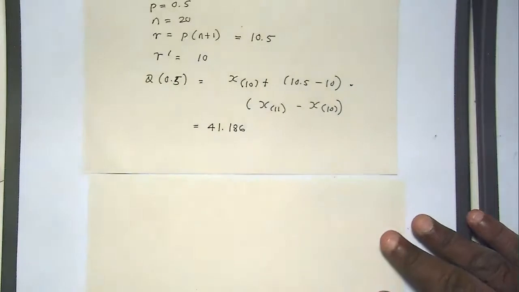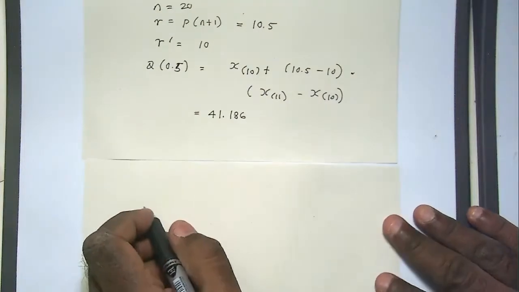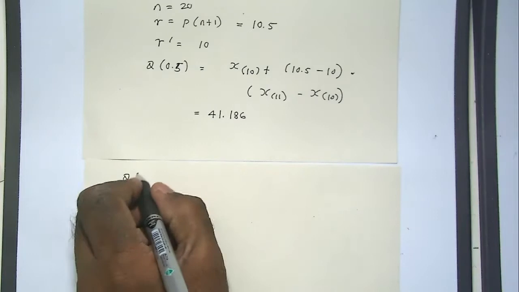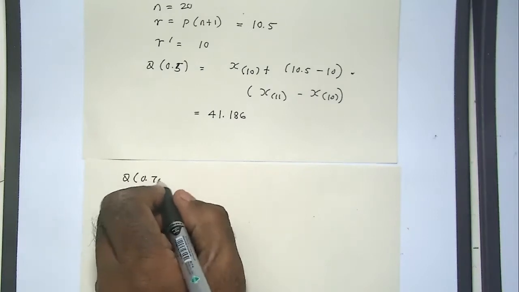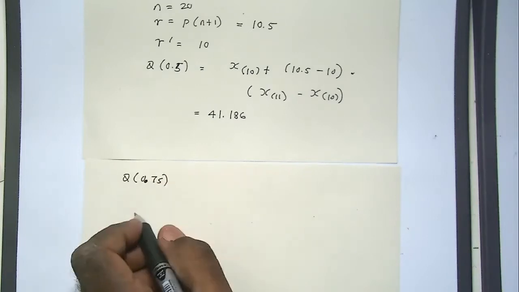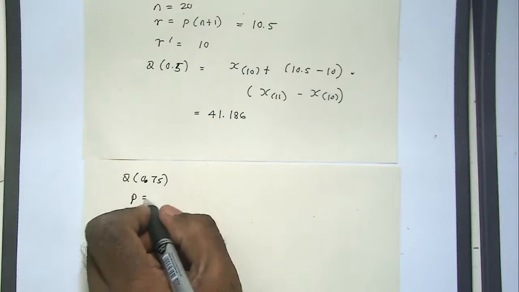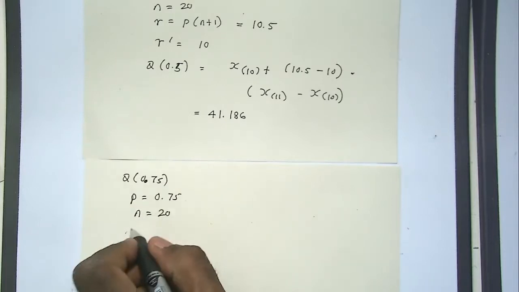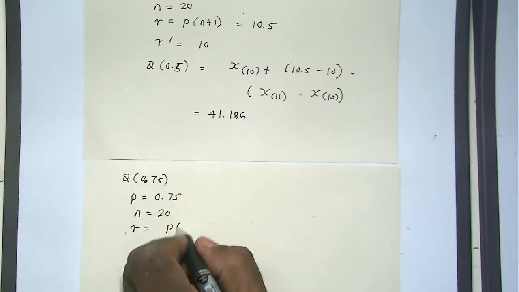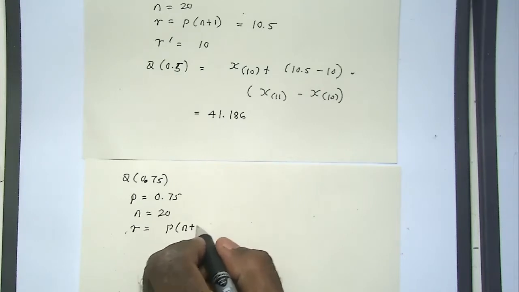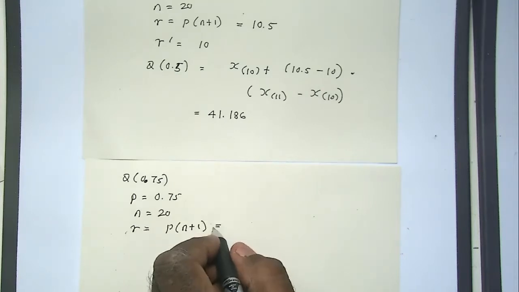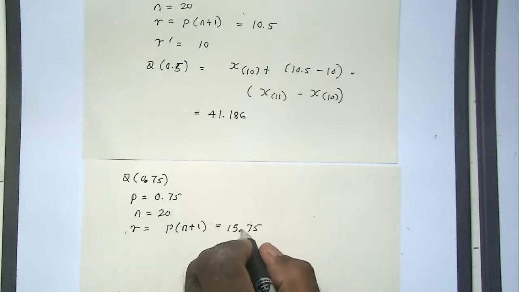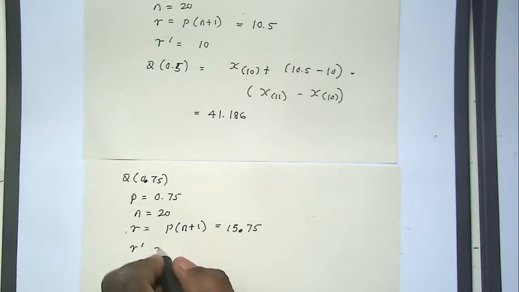Alright, anyway, that's sorted. Now the next one, hello guys, are you with me? The next one is 0.75. So your P is 0.75, N is 20, your R is P times N plus 1, which is going to be 15.75. Your R prime is 15.